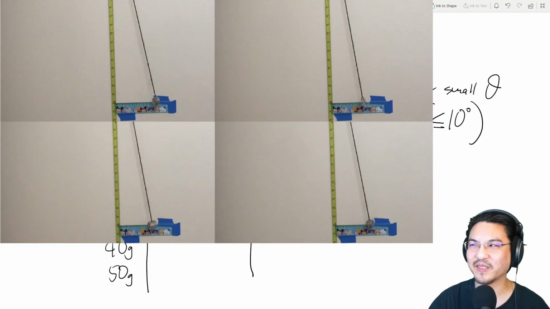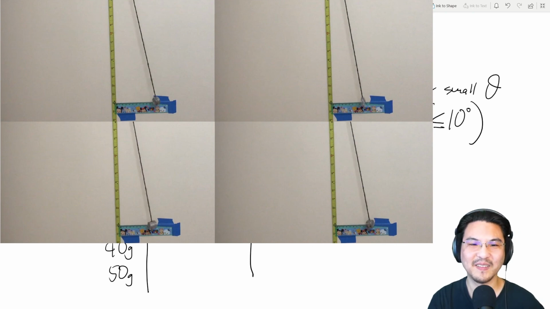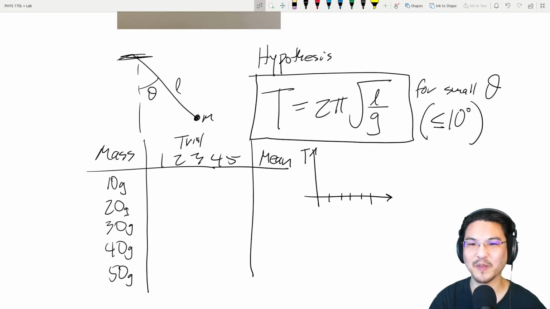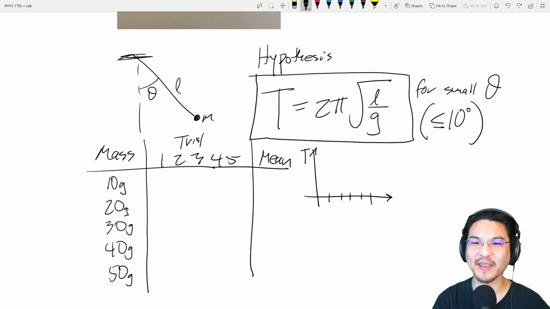It appears as if it's the same period for all of the 4 different masses. Right, so that's our qualitative observation. And then again, our hypothesis here, right, the period shouldn't depend on the mass. So now it's up to you to quantify that with data.